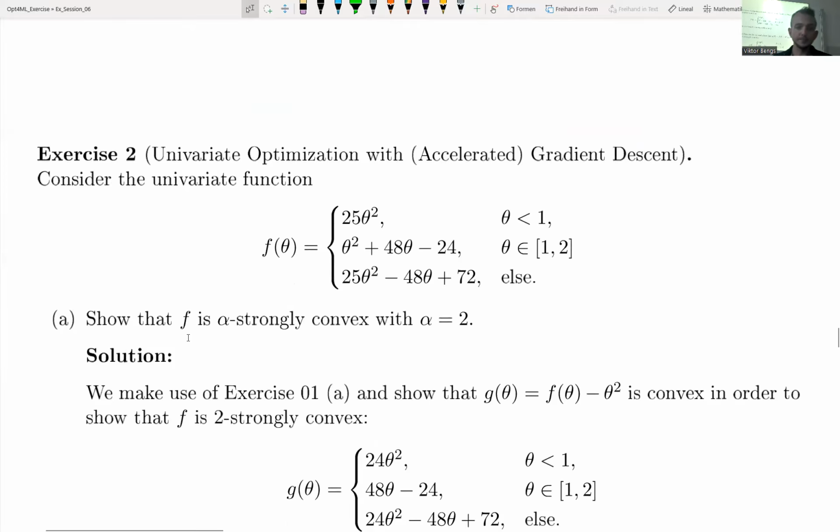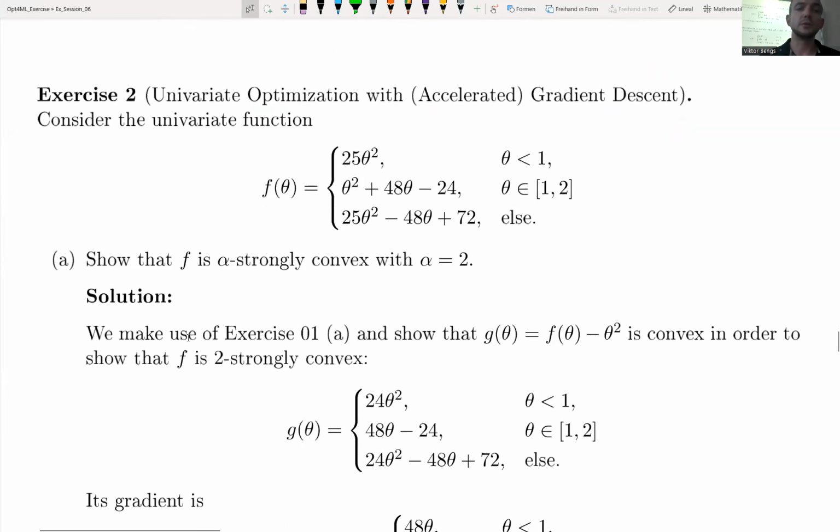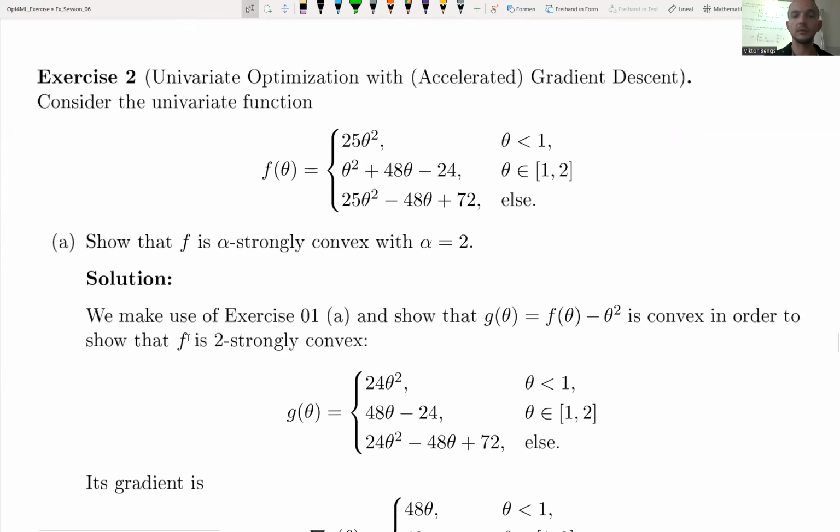Okay, then let's have a look at exercise number 2, where we now want to do univariate optimization with accelerated gradient descent and gradient descent. So this is really something where we go over the concepts and check whether everything is fine.